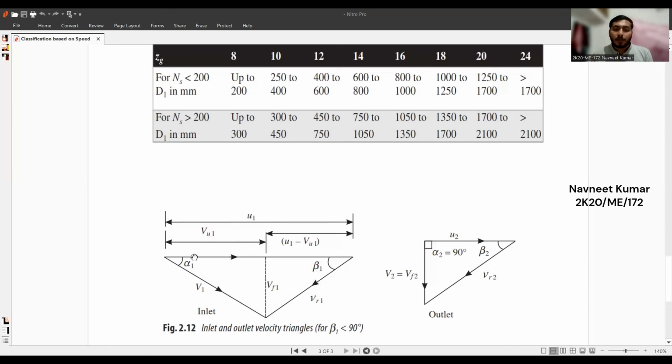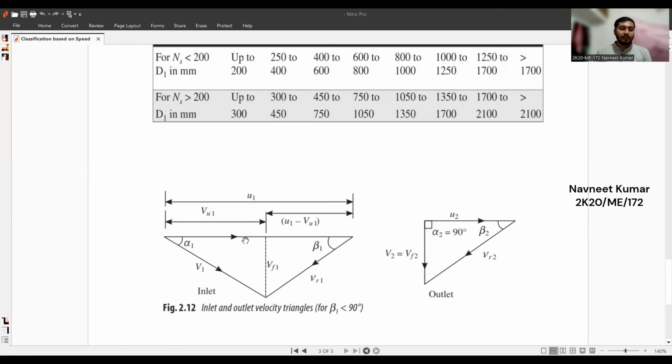Now we can talk about the hydraulic efficiency by looking at this velocity triangle, as we are provided here with Vu1, that is the swirl velocity at inlet, and u1. The formula for the hydraulic efficiency is (u1 Vu1 minus u2 Vu2) upon gH.